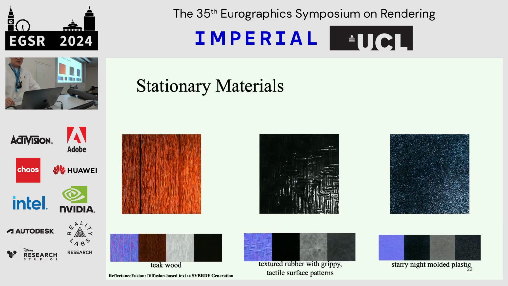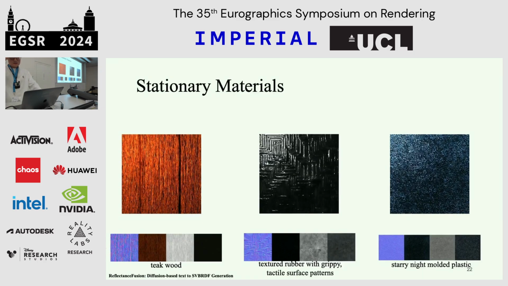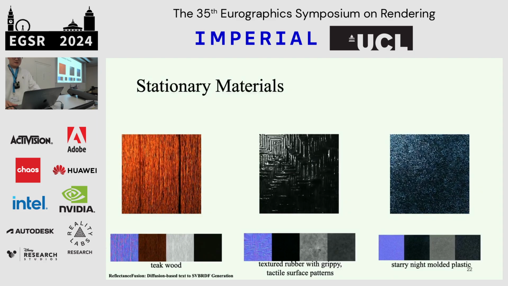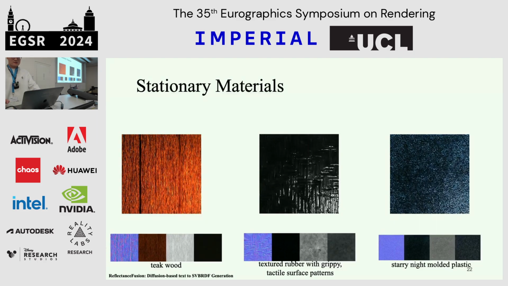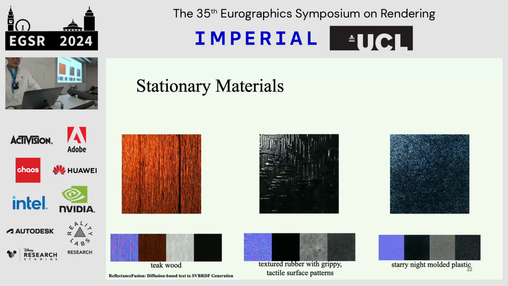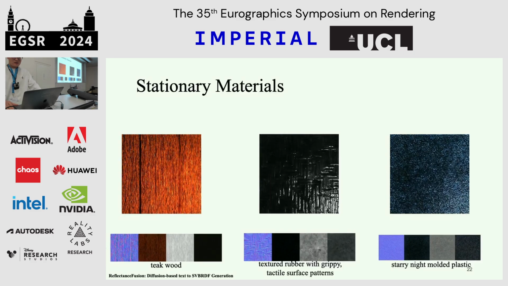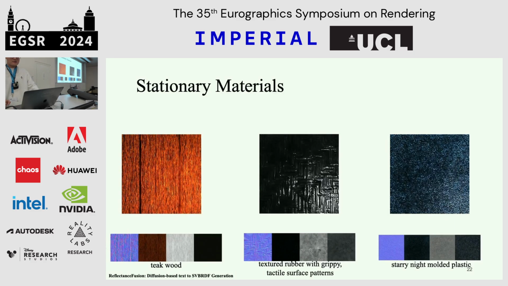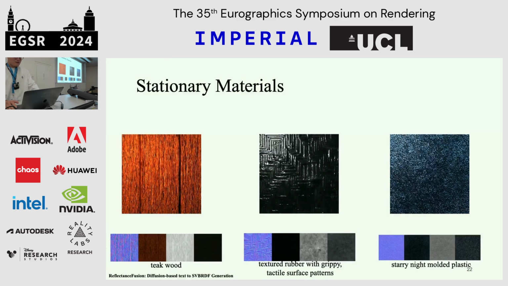Firstly, here are the stationary materials. Stationary materials have uniform properties, are easily represented statistically and suitable for seamless tiling, whereas non-stationary materials display structurally varying patterns that are less predictable.